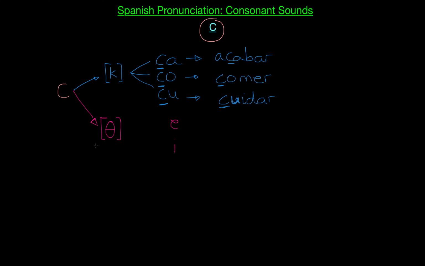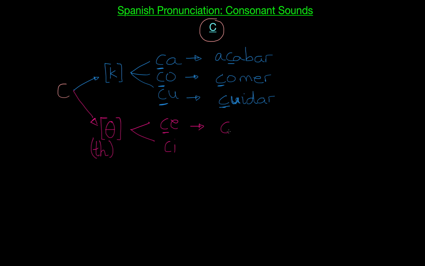If you're an English speaker, as I suppose you quite likely are, you might want to represent this sound as something a bit like this, okay? It's a th. It's a very typical Spanish sound, isn't it? So this C is going to sound th in front of E and I, okay?